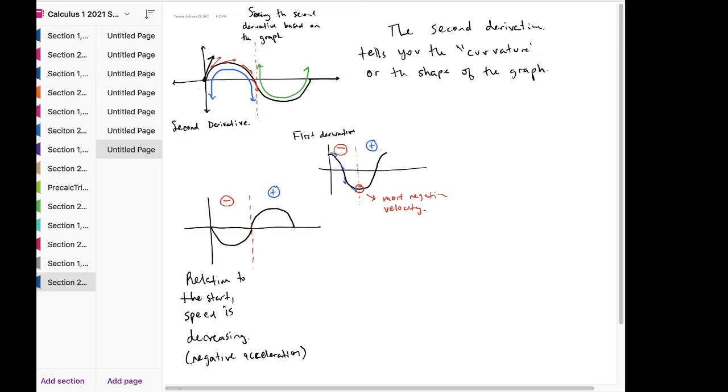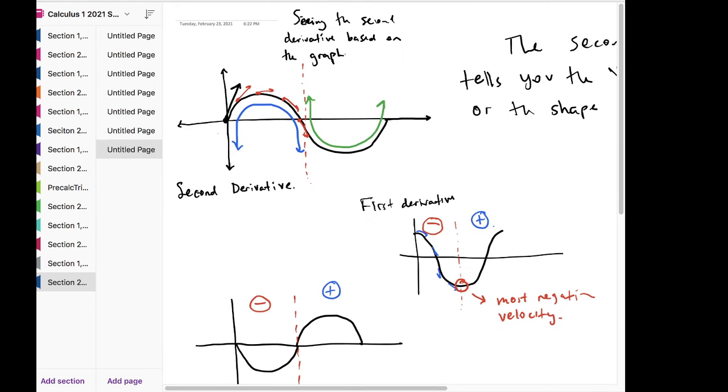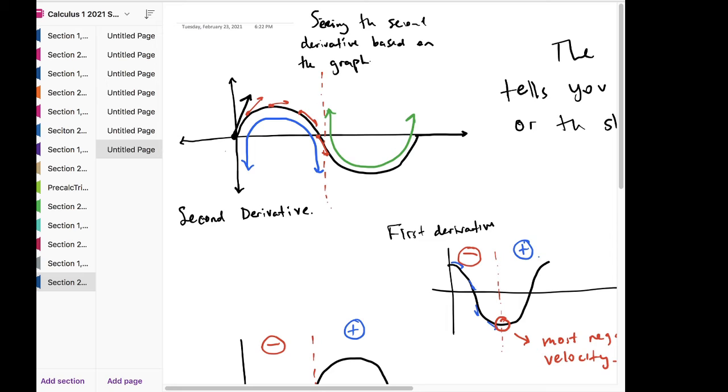And now what happens when you look at your most steep point? Relative to this most steep point, what is the speed doing? Speed is increasing, right? These tangent lines are getting less and less negative.